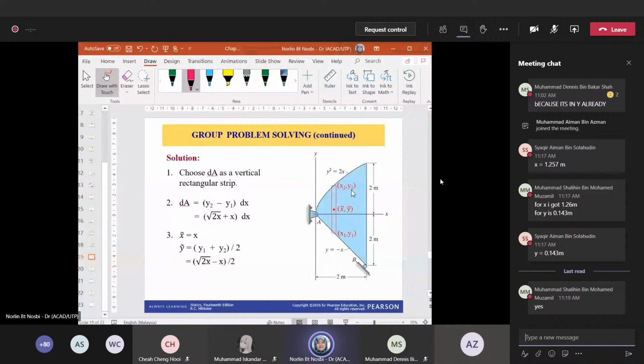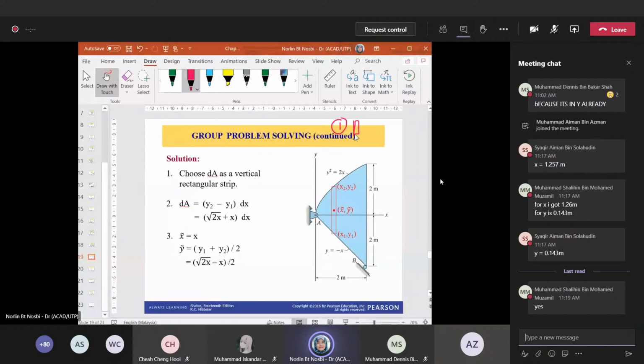So it is easier to use vertical because it is a combination of the first part and the second part, because it is different. Y square equals to 2x, and the bottom is y equal to negative x. So if you use vertical, it must be in dx. Okay, first step.